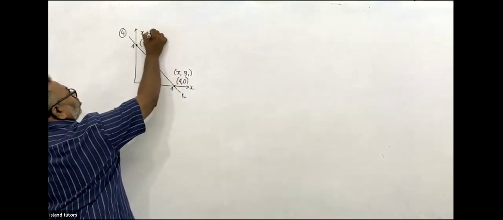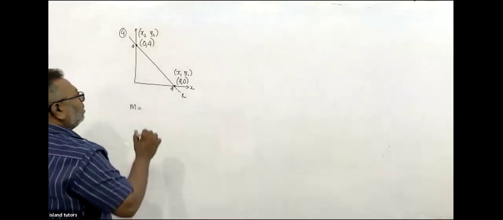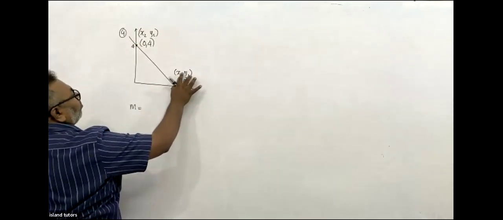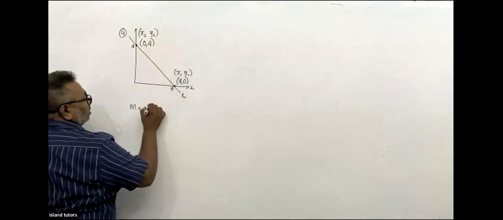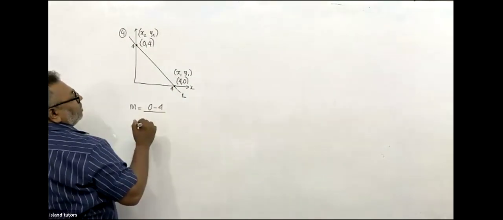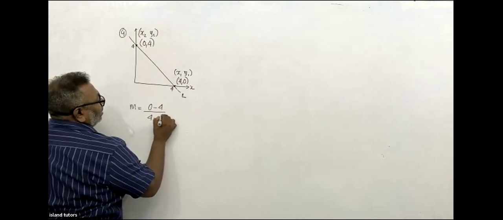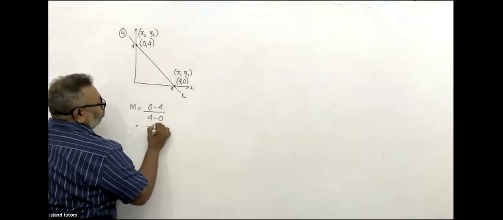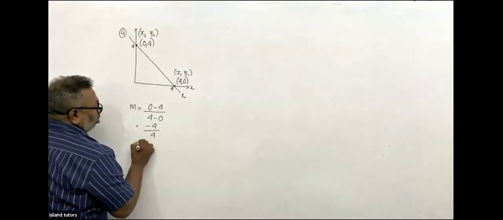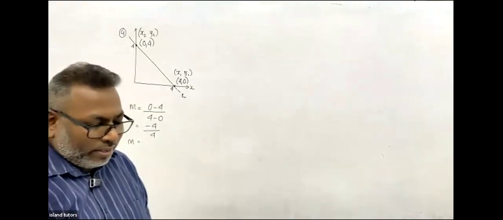This is x2, y2. Formula, sorry. So y1 minus y2 is 0 minus 4 divided by x1 minus x2, and is 4 minus 0. So minus 4 divided by 4, you're getting m is equal to minus 1.